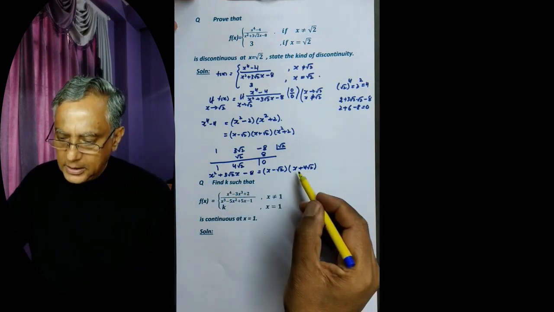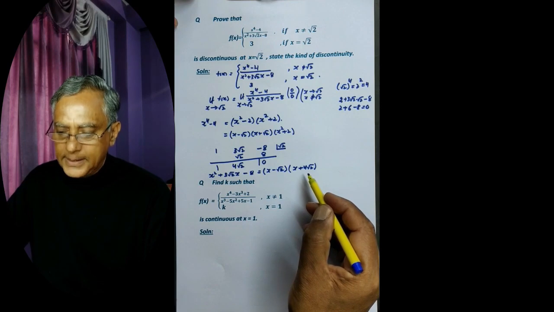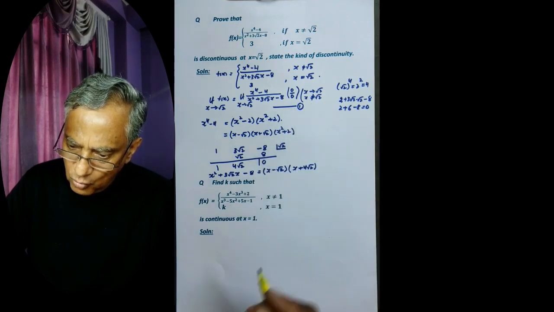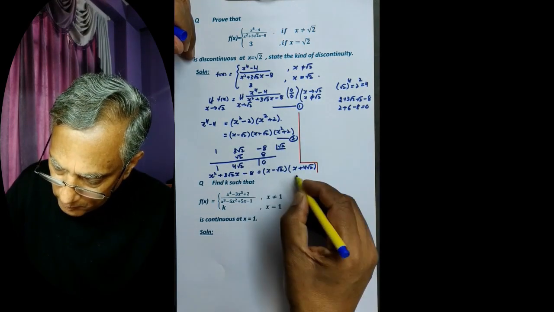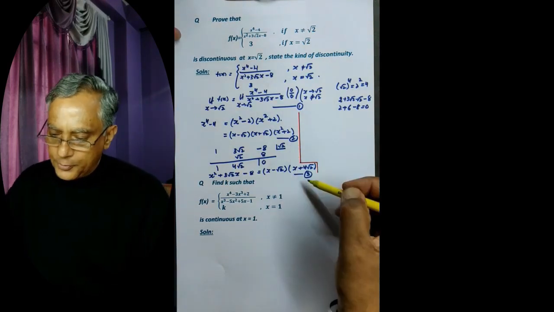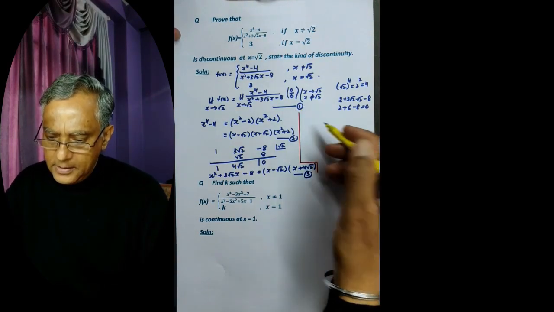So these are the factors of this polynomial. Now we substitute these in 1. We substitute 2 and 3 in 1.